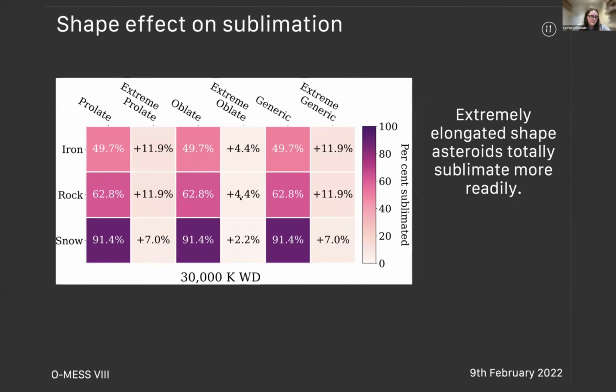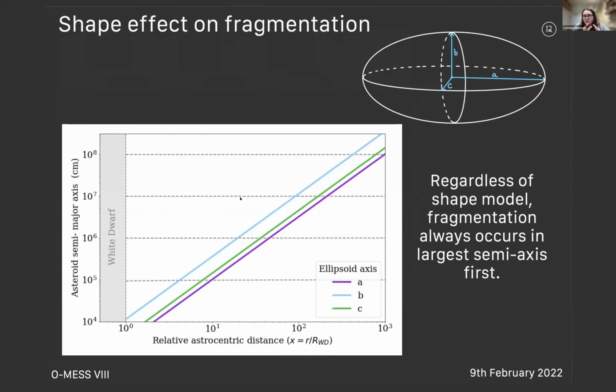But if we move instead to the effect of fragmentation, so how does a triaxial shape model affect the tidal disruption process, we get a slightly different result. So I've put the sketch back in this top right hand corner here again, so we can remind ourselves of the semi-axis labels.